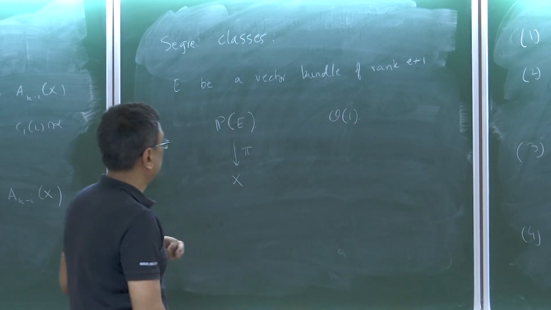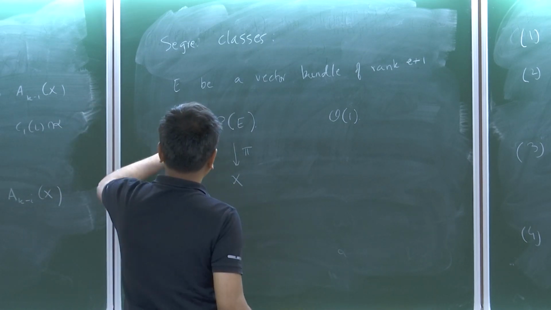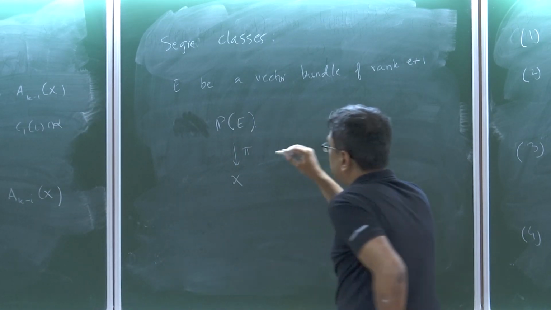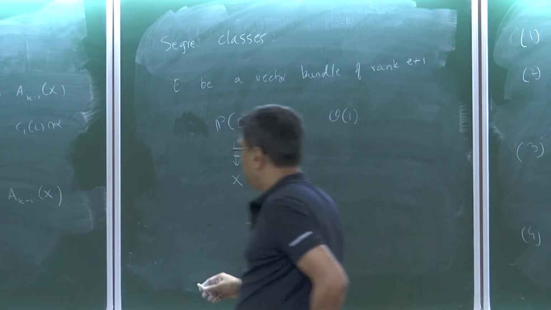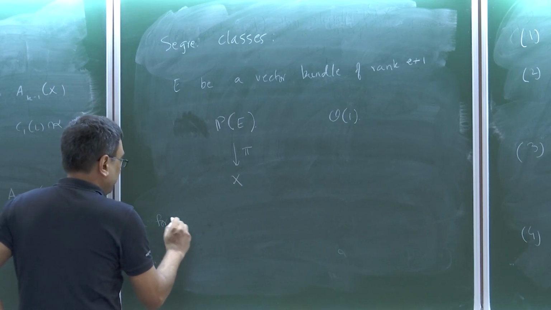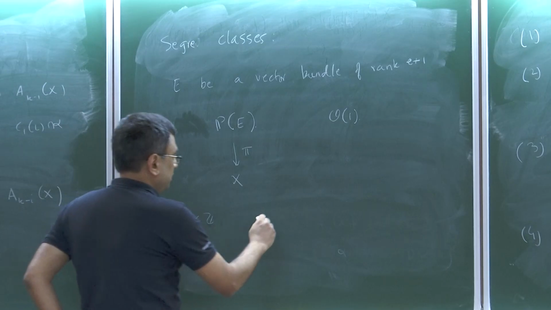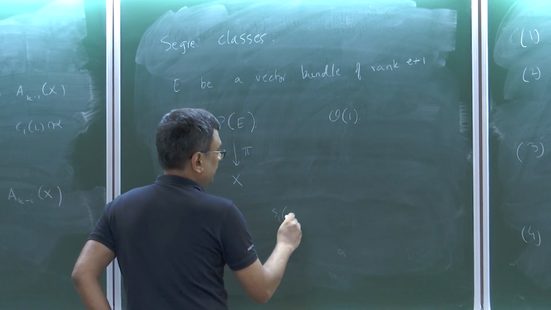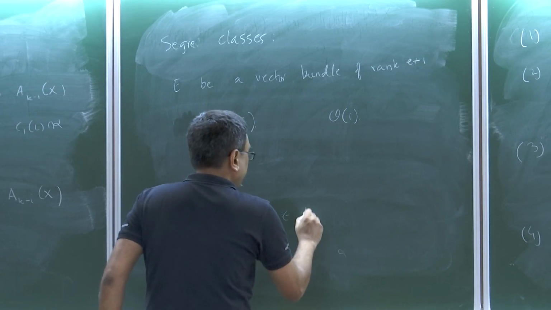Let's say this projectivization I just call it P if needed. So O(1) is this line bundle on this projectivized bundle, and now define, for an integer i and an alpha in A_k(X), S_i of alpha.